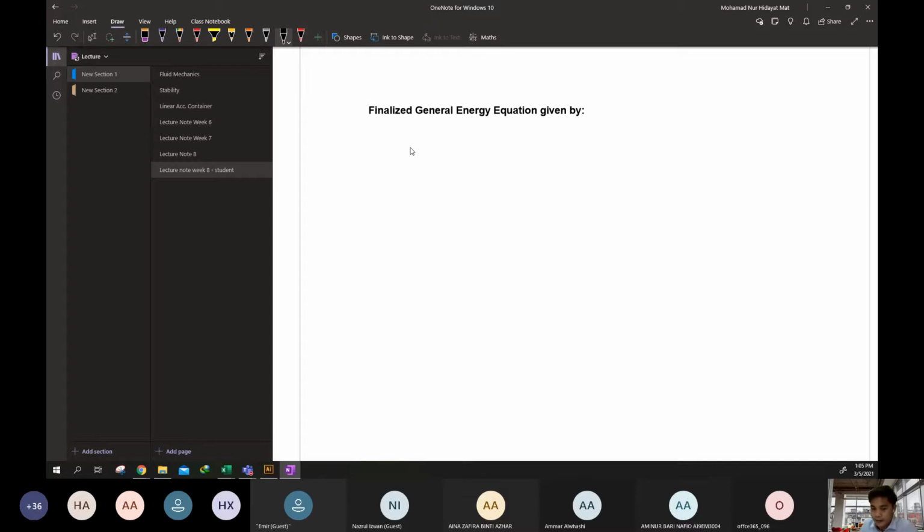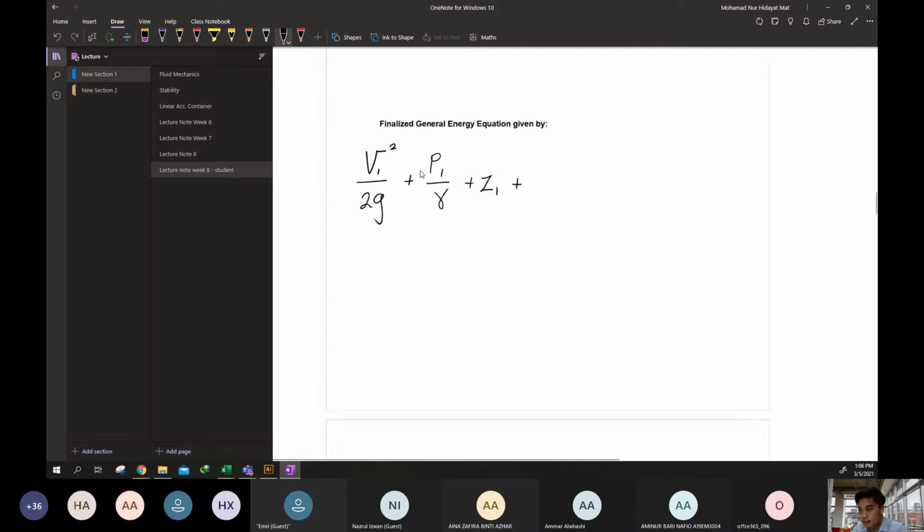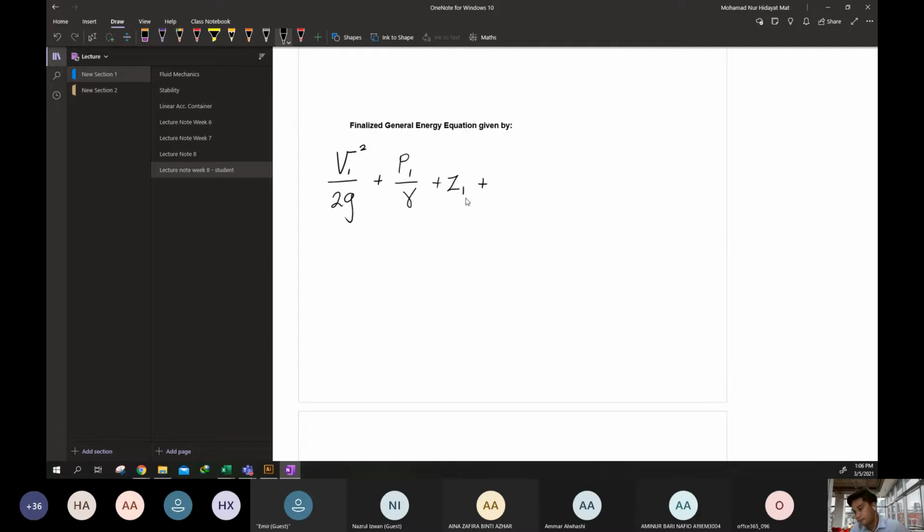The final version of the energy equation includes the Bernoulli equation: V1 squared over 2g, this is for uniform flow, plus pressure P1 over gamma, which is rho g, plus Z1, plus we have the shaft work from the pump or from the turbine.